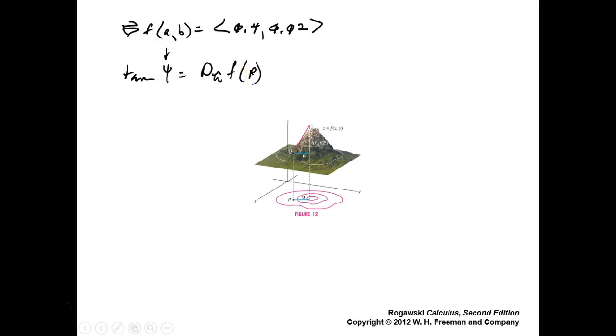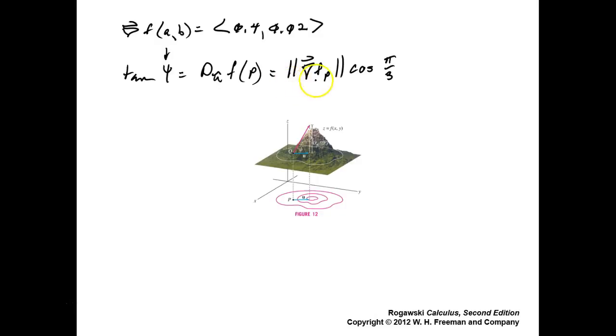Now, if you turn back one page, Theorem 4 tells you what that is. That is the magnitude of your gradient vector, f sub p, times the cosine of the angle theta. And your angle theta here is that pi thirds. So the picture doesn't have much to do with this, except that it was illustrating where we got that tangent psi formula.